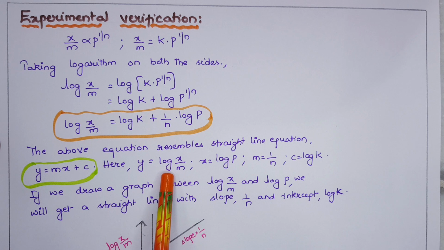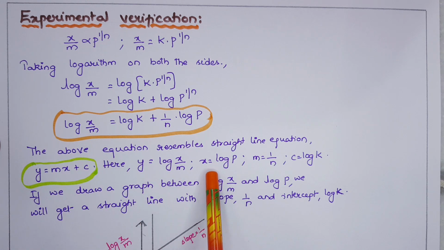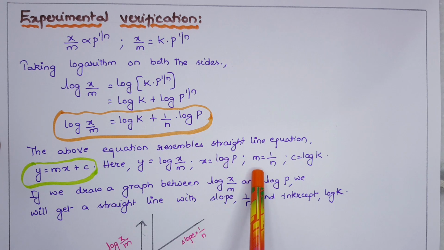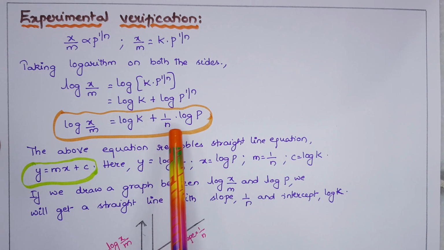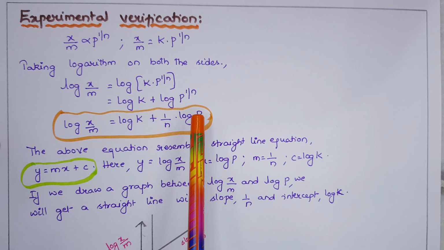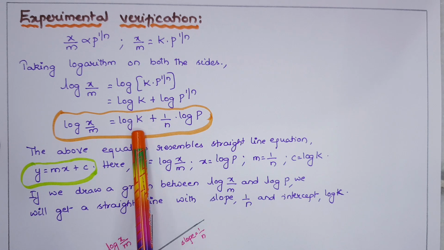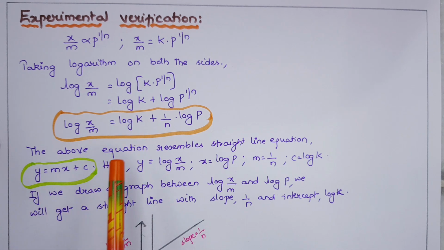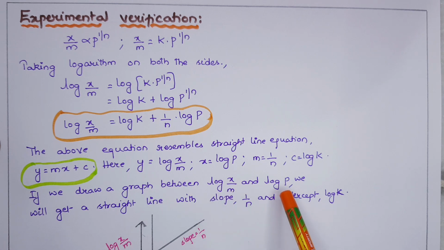So here y is log x by m, x is log p, m is 1 by n, and c is log k. Now if you plot a graph with log x by m on the y-axis and log p on the x-axis, then obviously we will get a straight line with slope 1 by n and intercept log k.